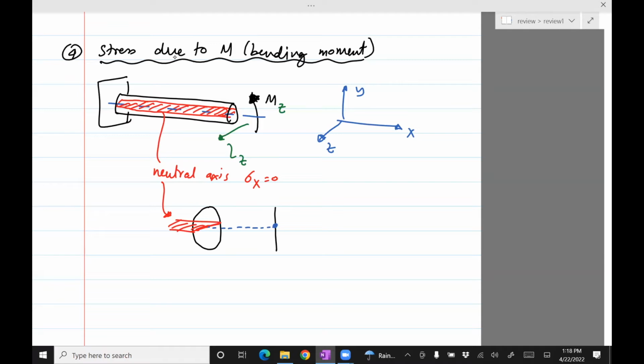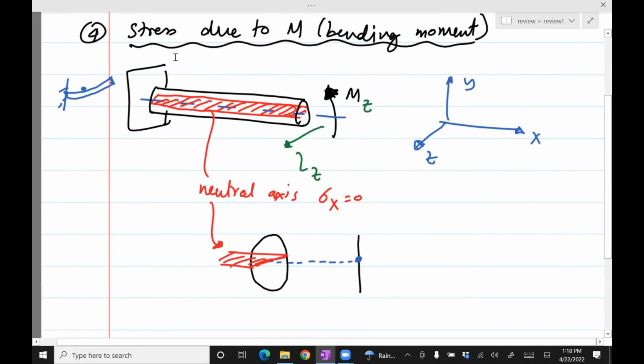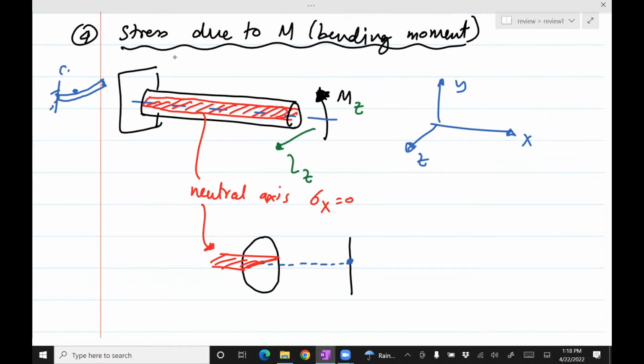Now, if you bend the beam, or this shaft, in this fashion, then it will sag in sort of a U or a half U, whatever you like to call it, which means that the top part will be under compression and the bottom part is under tension.